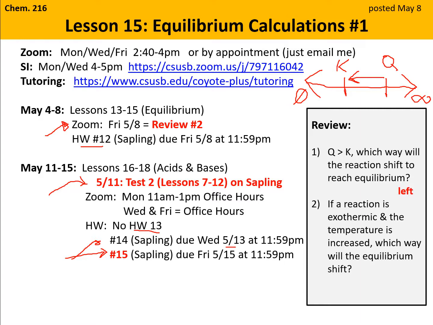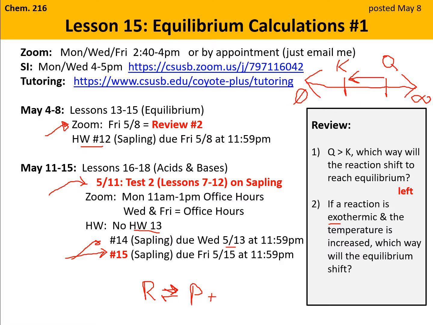The second one is about Le Chatelier's principle. We're told that a reaction is exothermic and temperature is increased. Which way will the equilibrium shift? It's exothermic, so I have reactants going to products. This is a reversible reaction, hence the 2 arrows.